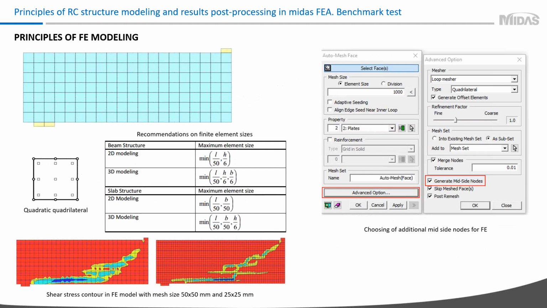Also, the mesh size can be chosen based on your proposal. For example, if you wish to get a more detailed contour of cracks, the size of elements should be quite small. In my case, I will consider an element with a length of 70 millimeters, and this length will be the crack band width as well.